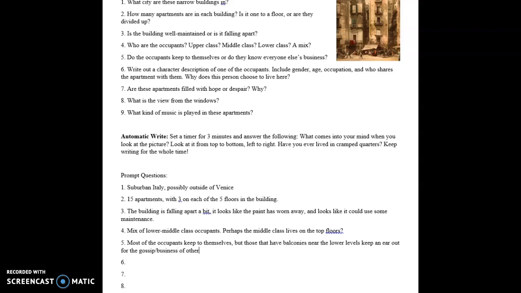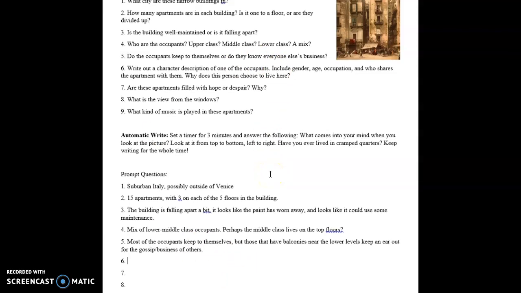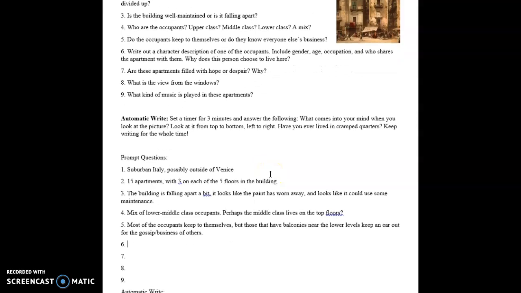business of others. Okay. Write out a character description of one of the occupants. Include gender, age, occupation, and who shares an apartment with them. Why does this person choose to live there? So that question alone, I'm creating an entire character. So I'm going to say that Beatrice, aged, I don't know, let's say 31.